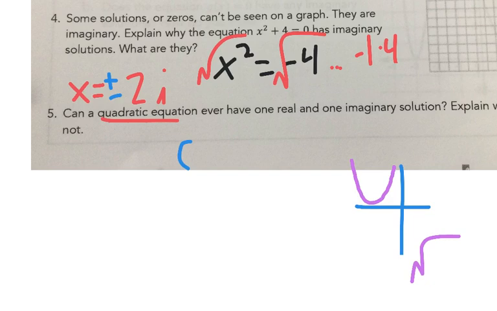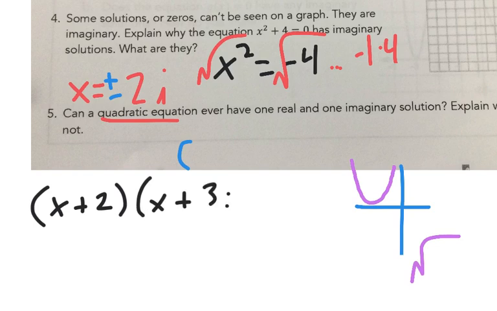Can I say it again? That's correct. Another way you can think about it: if I had an x-intercept at -2, and let's say the other x-intercept was at -3i, what would this polynomial look like in standard form?